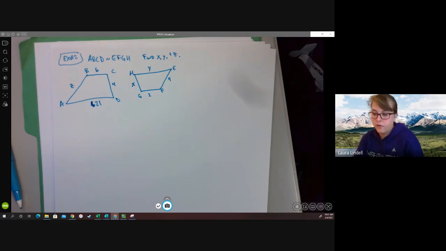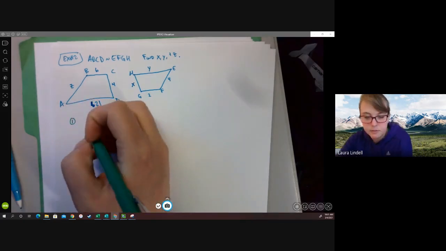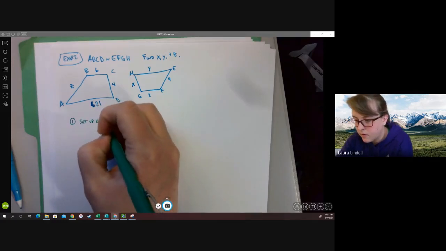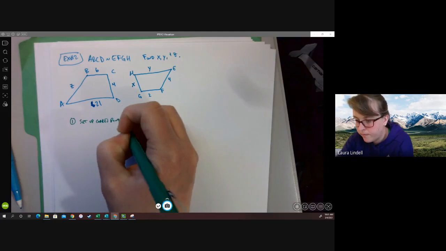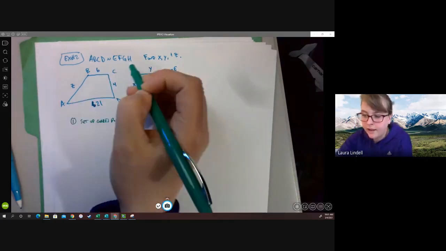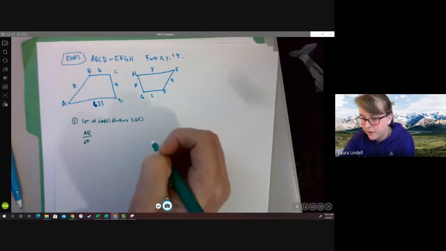Okay, so for this one, first thing we want to do, just like on the last one, set up our corresponding sides. So for this one, A and B are the first two letters. E and F are the second two letters.